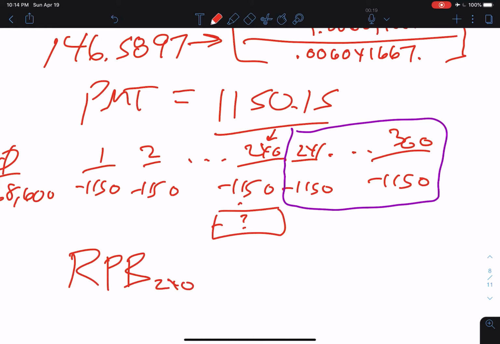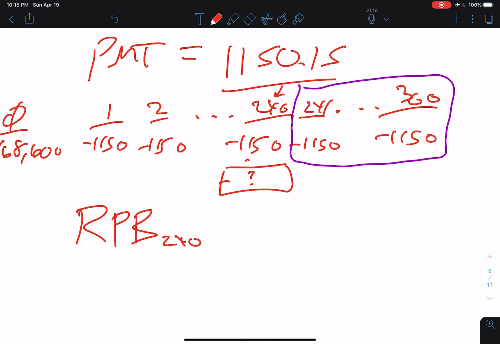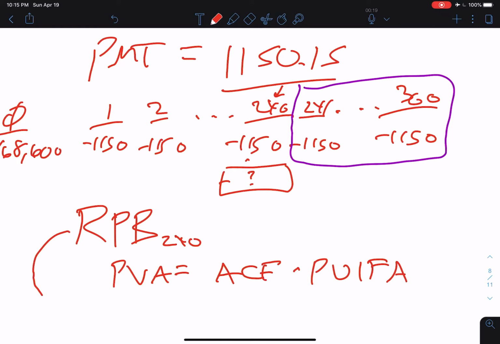And since it's a 360 payment loan, we know the payment's $1,150.15, then it's just a matter of making use of our application formula number 4, present value of annuity equals annuity cash flow times the appropriate PVIFA. And in this case, the remaining principal balance at date 240 is the present value of the annuity that's relevant to us.